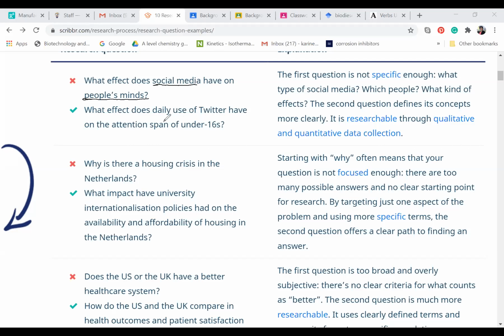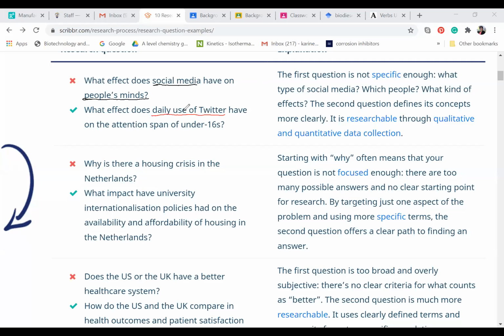So we are looking at the better one now. It says, what effect does daily use of Twitter... Well, I'm not sure if you guys are using Twitter. I definitely am not. It's probably a bit of an old thing. So daily use of Twitter, you could have called it TikTok, you could have called it Facebook or Instagram, some other social media.